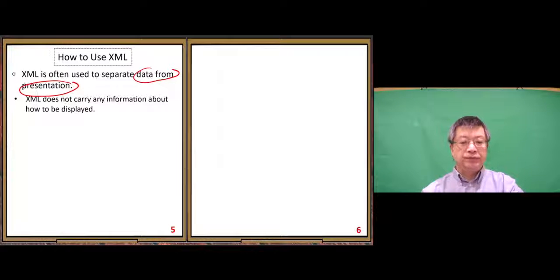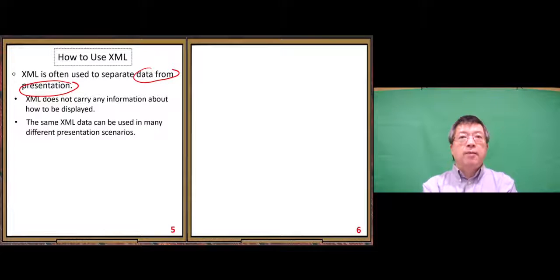XML does not carry any information about how to be displayed, so no layout information and no style information. It just describes the data. The same XML data can be used in many different presentation scenarios.